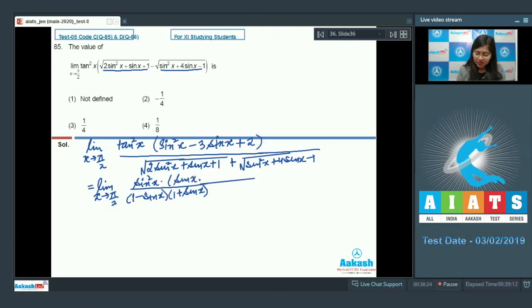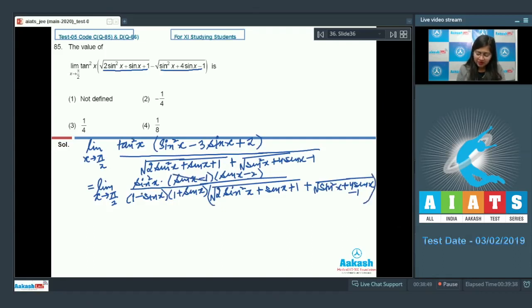So it can be written as sin x minus 1 into sin x minus 2, right? And in the denominator we have 2 into sin square x plus sin x plus 1 plus under root of sin square x plus 4 into sin x minus 1, right?